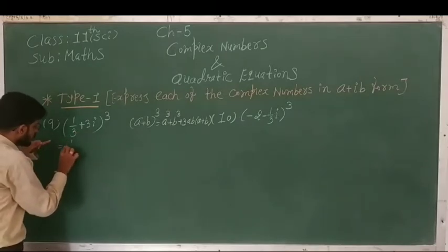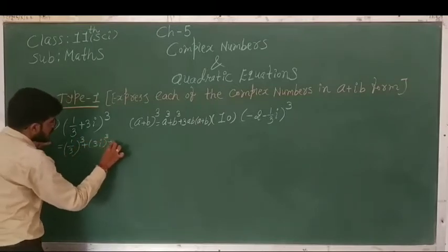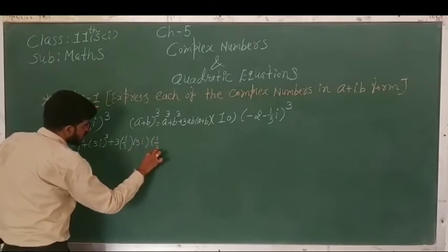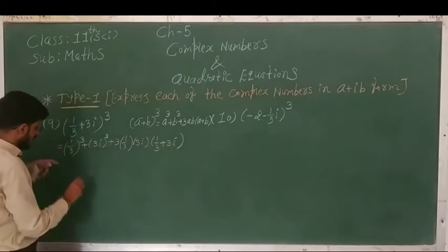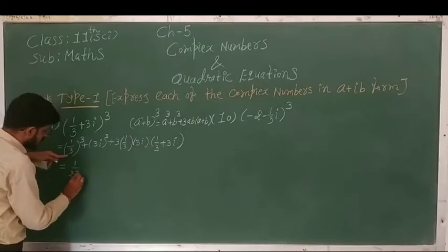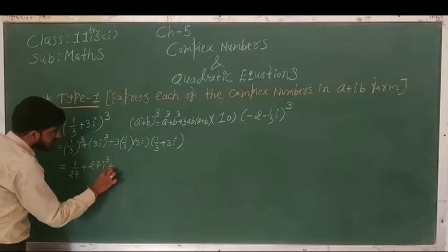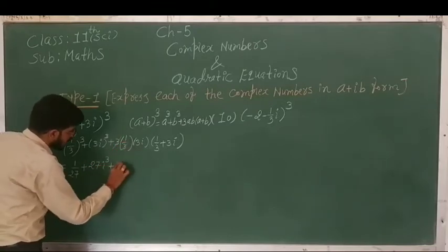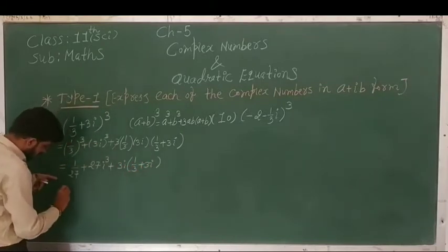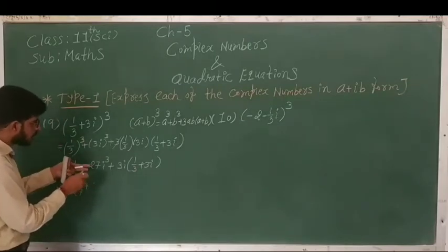So it equals (1/3) cube plus (3i) cube plus 3 × 1/3 × 3i (1/3 + 3i). (1/3) cube is 1 upon 3 cube, 27, plus (3i) cube means 27i cube, plus here 3 cancels out, so it gives 3i(1/3 + 3i). It equals 1/27 plus, here put the value of i cube.